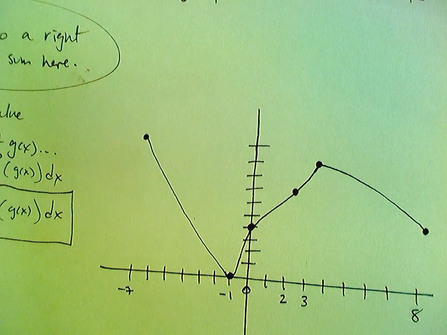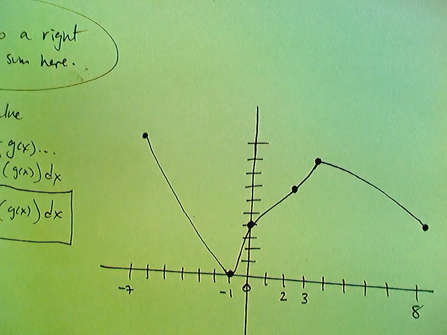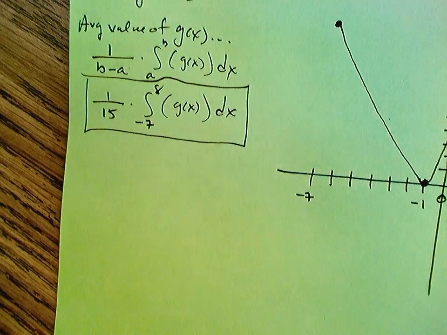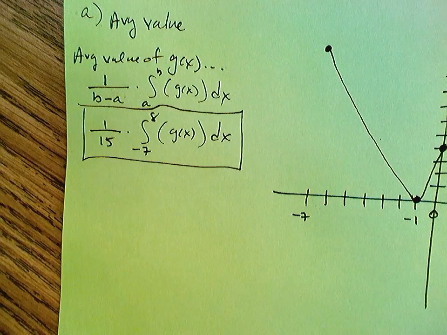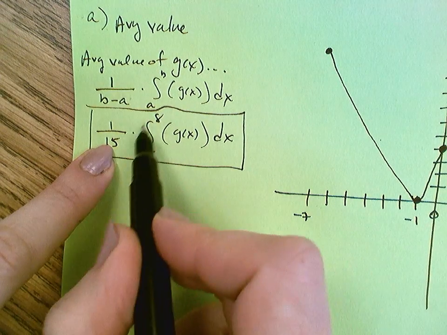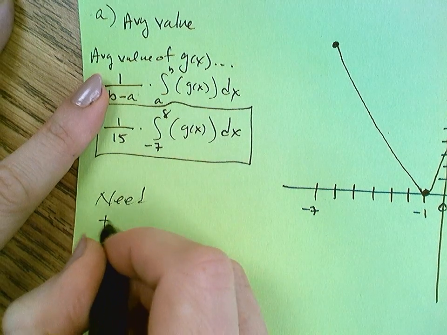Now I'm going to use a right endpoint sum to estimate the average value. Guys, in order to know the average value, I need to know what this is.